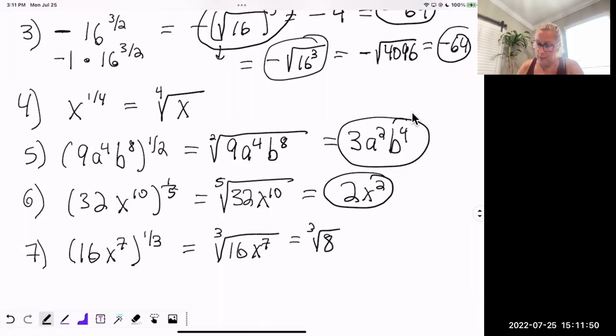Cube root of 8, cube root of 2. That's my cube root of 16. And then I have even and leftovers. How many 3's are in 7? That would be 2 even with 1 left over.